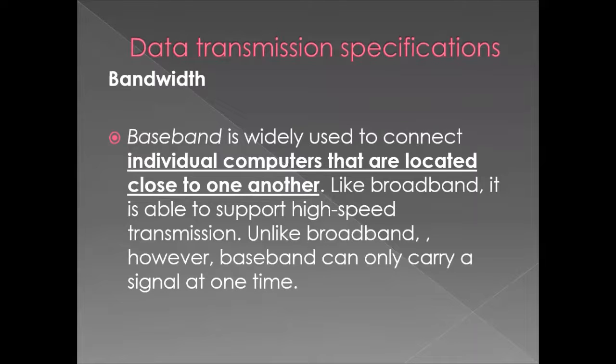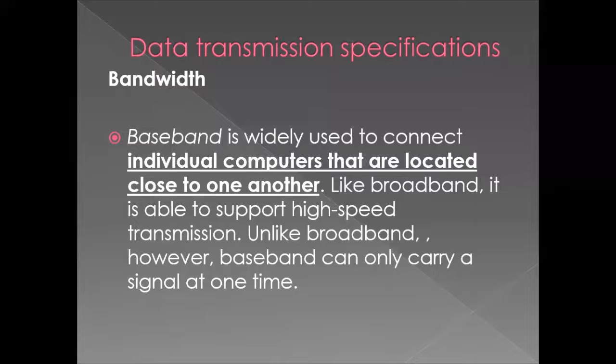Baseband is widely used to connect individual computers that are located close to one another. Like broadband, it is able to support high speed transmission. Unlike broadband, however, baseband can only carry a signal at one time.